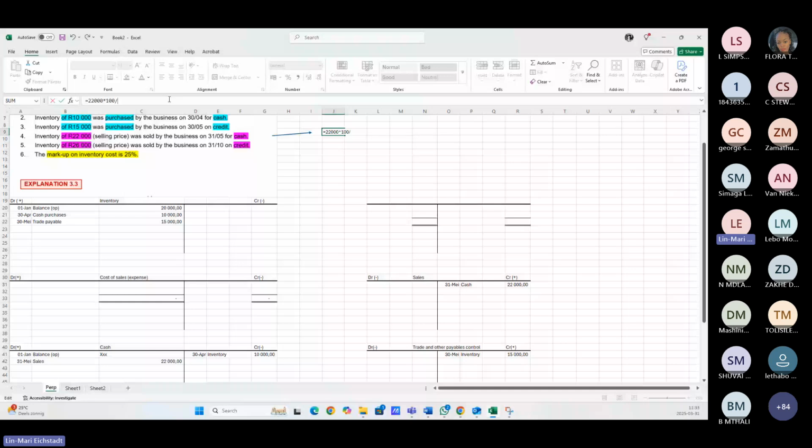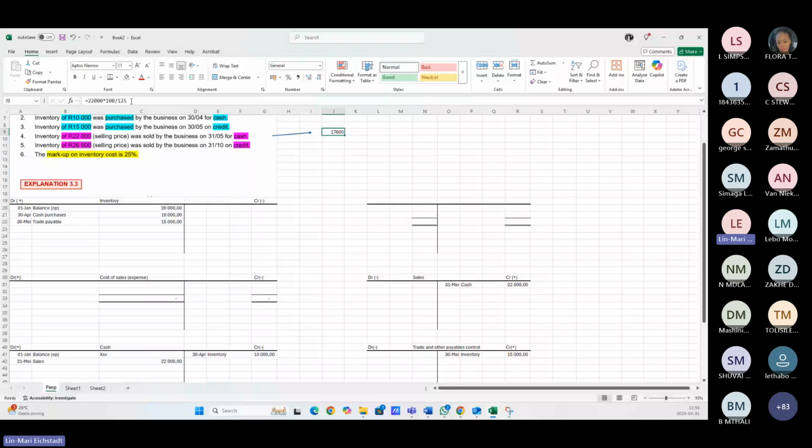Selling price is always your cost of sales plus your markup. So we know it's our cost of sales plus our 25%. So our cost of sales is our selling price, which we've been given, times 100, which is what I want, my cost of sales amount, divided by what I have, my selling price, which is 125.